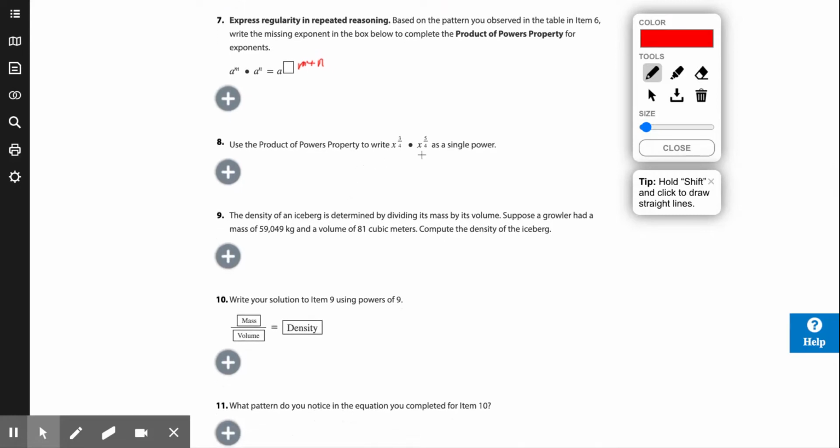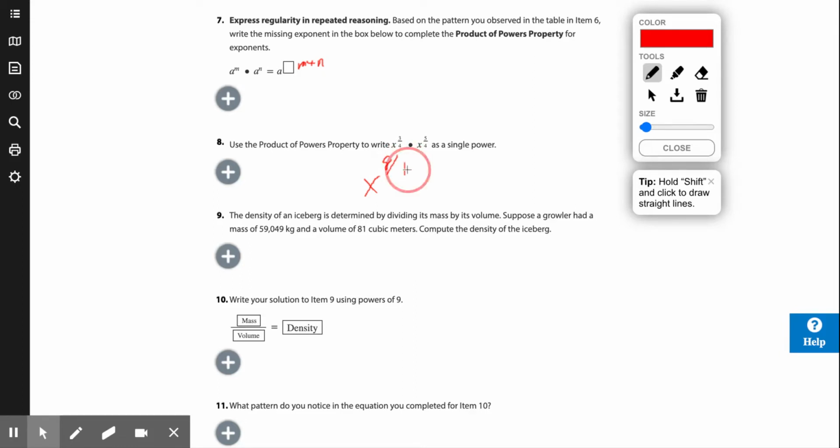If I wanted to write them as a single power, x to the 3/4 times x to the 5/4. Like bases, they both have x as a base. That's the important part. We can't really combine things that do not have similar bases. Well, 3/4 plus 5/4 is 8/4. So that's x to the 8/4.